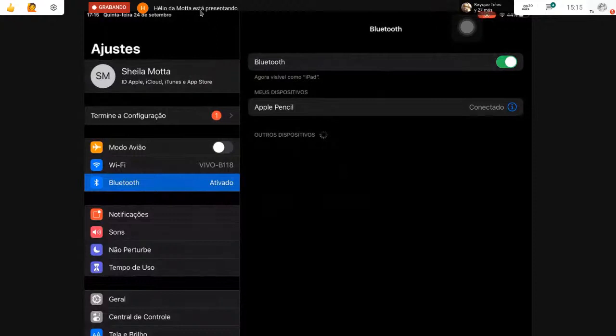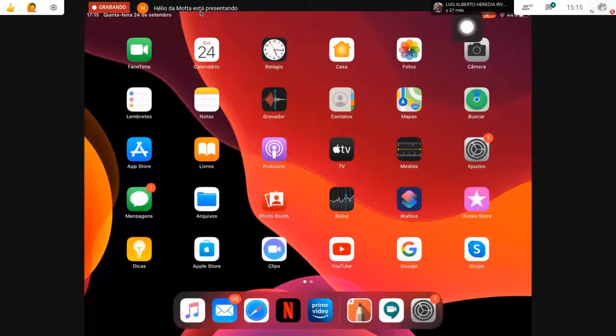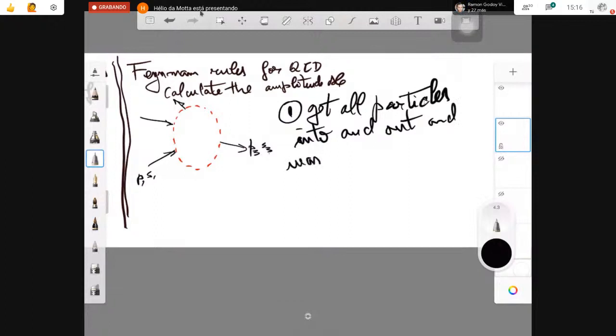Get your particles in and out. And mark the quadrimomentum as before.